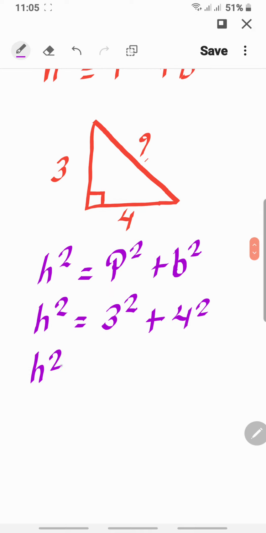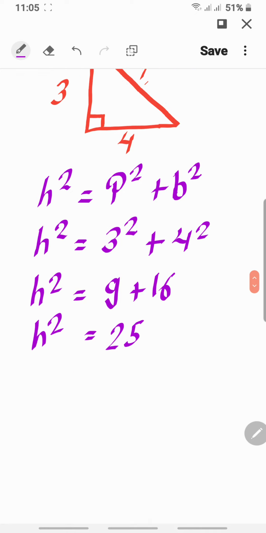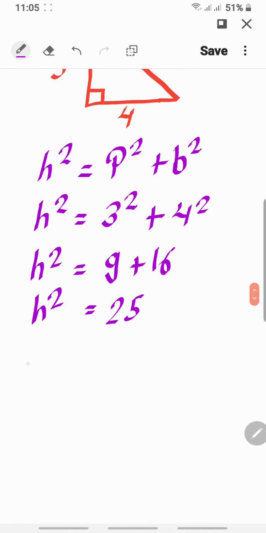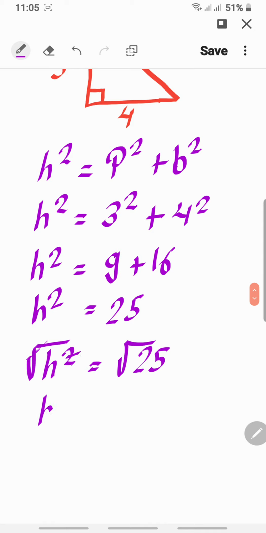So h square is equal to 3 square, which is 9, plus 16, which means 25. After this, what will we do? We will take the square root on both sides. Now this square root and this square will cancel, so it becomes h is equal to the root of 25, which is 5. This is our final answer.